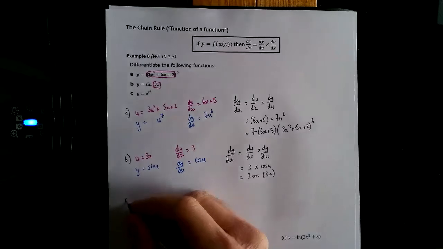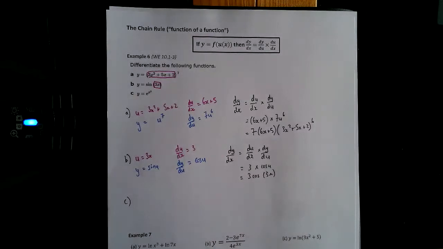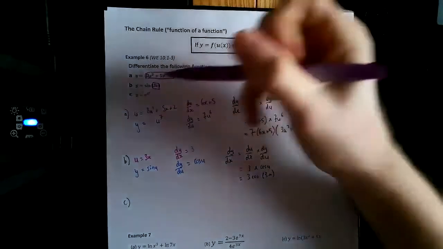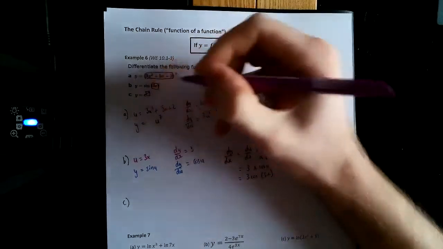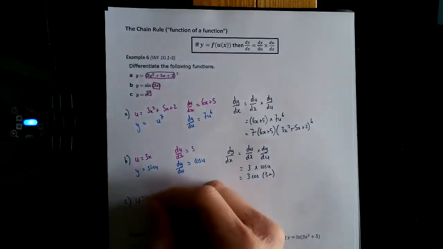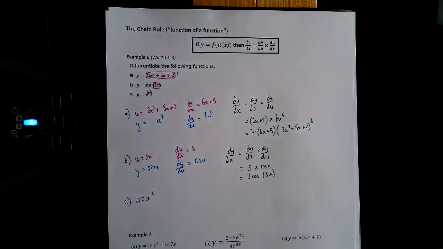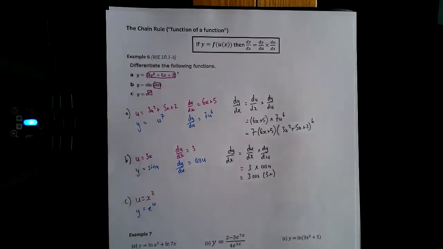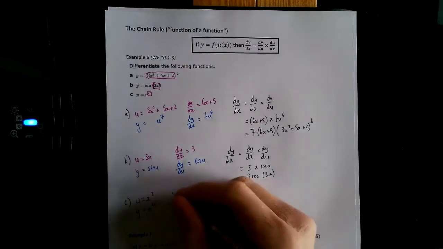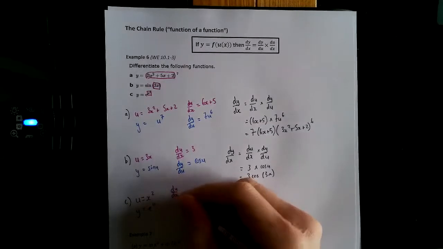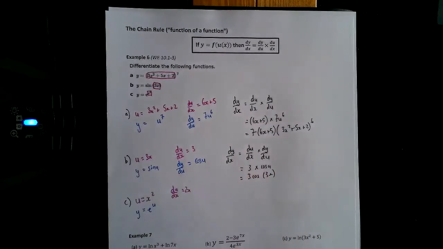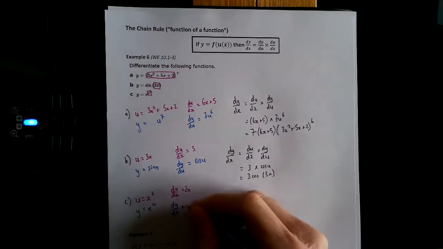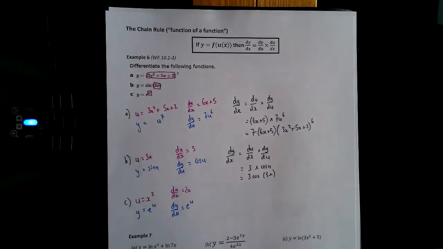And the final one, well, this one, I haven't got any brackets. However, when I've got a power, I've got invisible brackets around the x squared. So my x squared there is going to be my u. And if that's my u, then my y just becomes e to the power u. Differentiate them both separately. So du by dx is 2x. dy by du is e to the u, because e doesn't change.